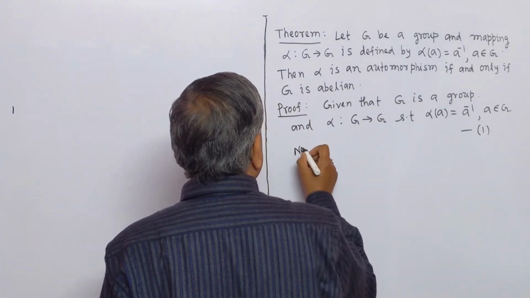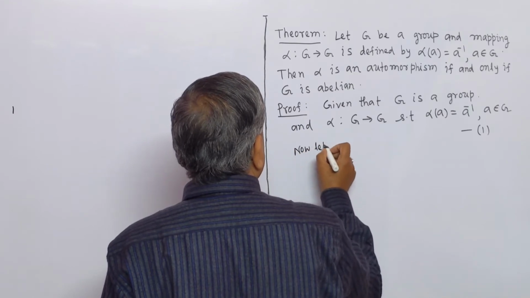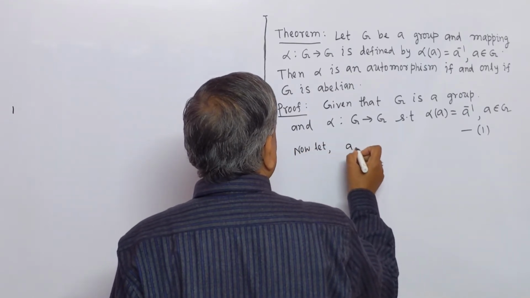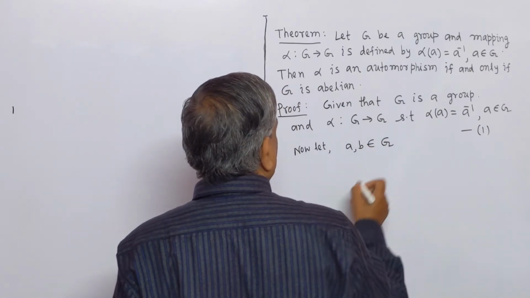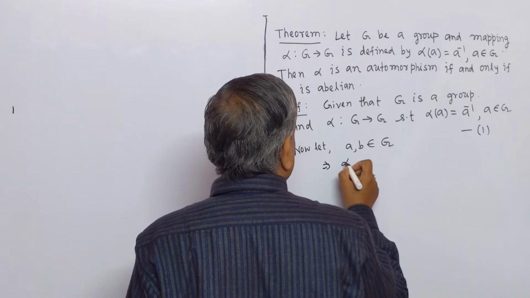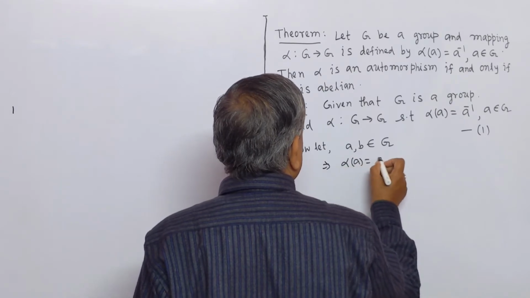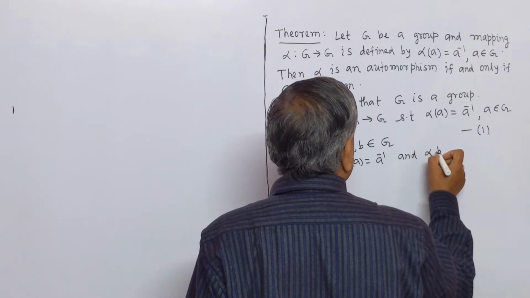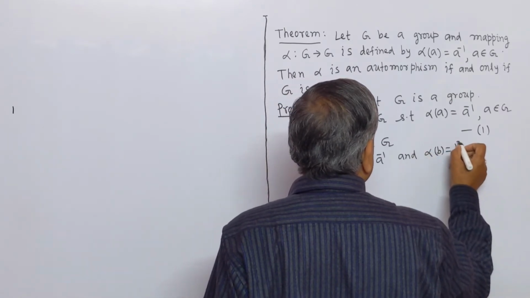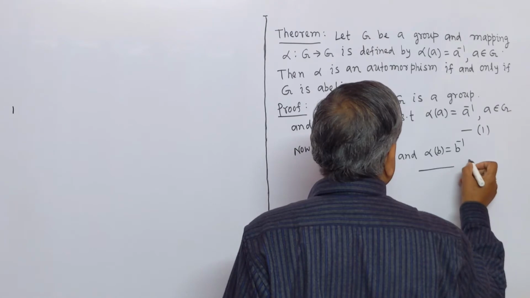Now let A, B belong to G, implies that alpha A equal to A inverse and alpha B equal to B inverse. This is number 2.